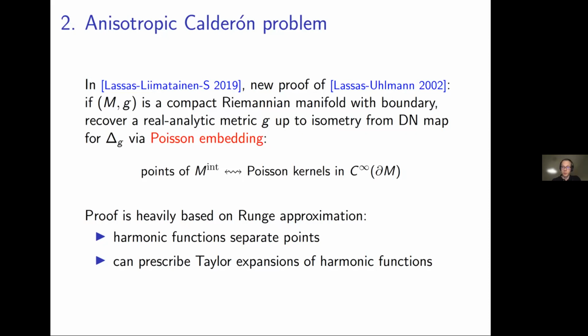This is a simple property, but it can be proved by Runge approximation. And also the fact that you can prescribe Taylor expansions of solutions of PDEs up to some natural constraints given by the PDE. This is also something that you can get from this approximate controllability.